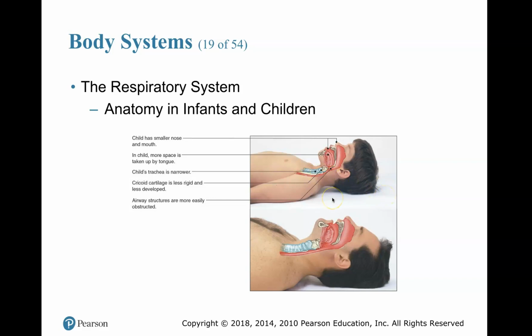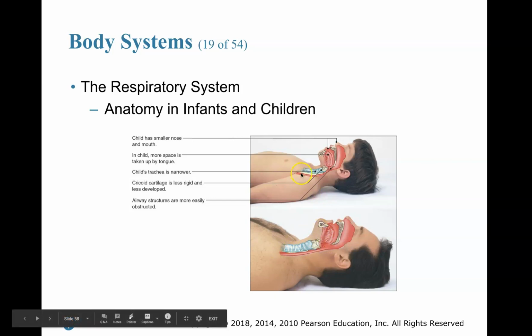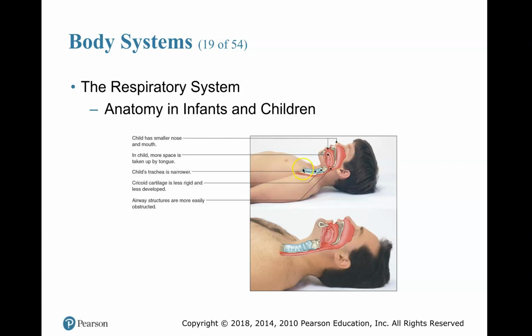And I also want you to look at something right here that's not described in this picture. If we look at how it bends a little bit, and if you look at an adult, it's more straight. They're laying in the same position, bending in the child, straight in an adult.